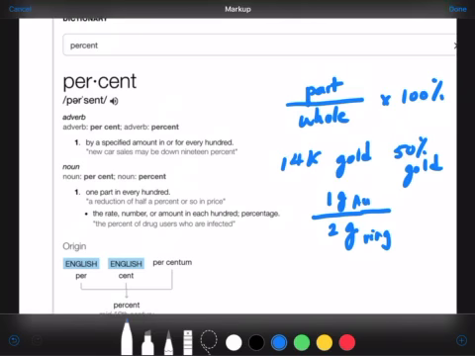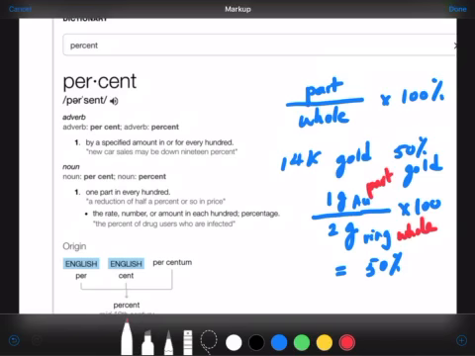So you take 1 gram over 2 grams times 100, and you'll get 50% gold. For percentage, on the top you want the part, and on the bottom you want the whole. Okay, so that's what percentage is.